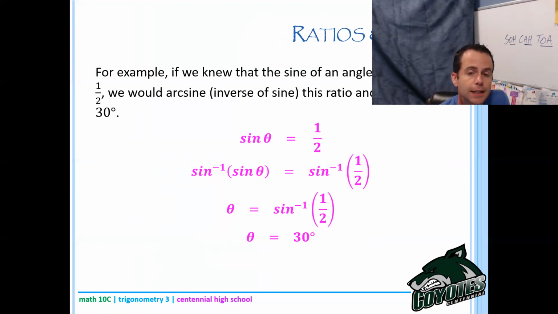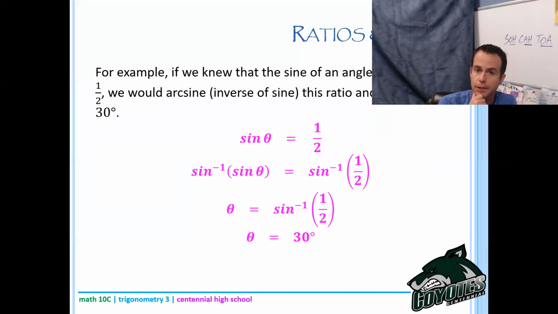So when I take the arc sine of this guy, it undoes the sine ratio and I'm left with theta. Then on the other side, I'm left with the arc sine of 1/2. That is just something I stick in my calculator. So I'll go second function sine of 1/2, and then that'll give me 30 degrees.